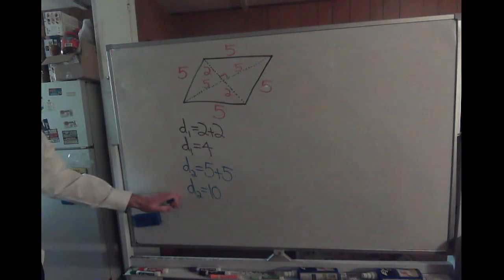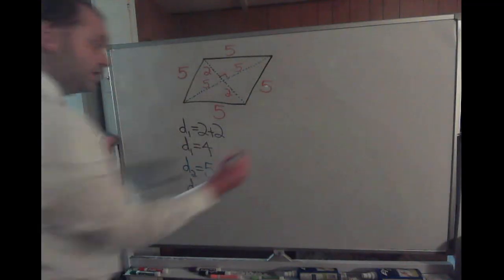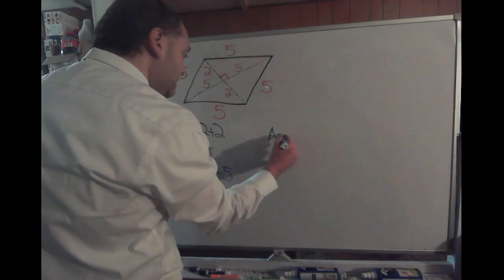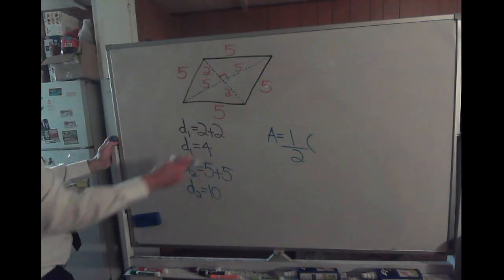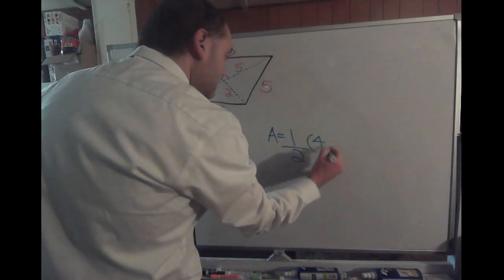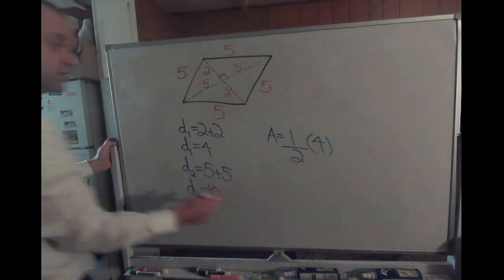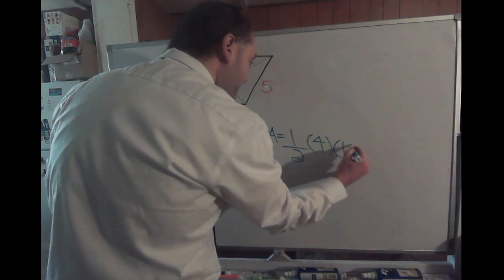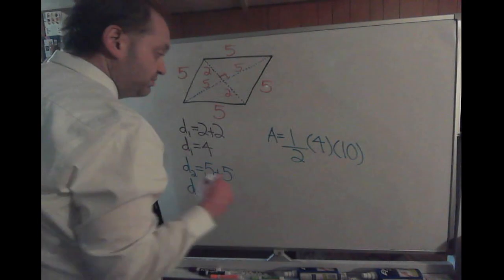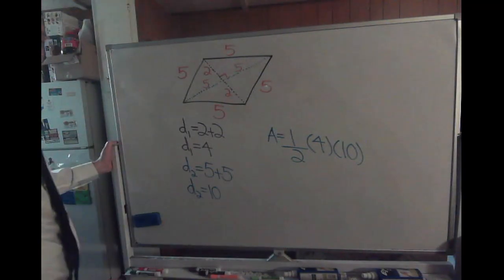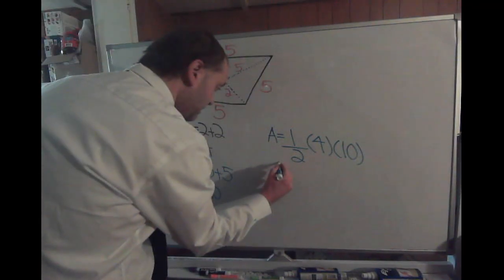Now we know the length of both diagonals, we can proceed to find our area. The area is equal to 1/2 of the length of your first diagonal, which is 4, times the length of your second diagonal, which is 10. Which then means, of course, you take half times 4, what is that? That's 2 times 10, which is 20.